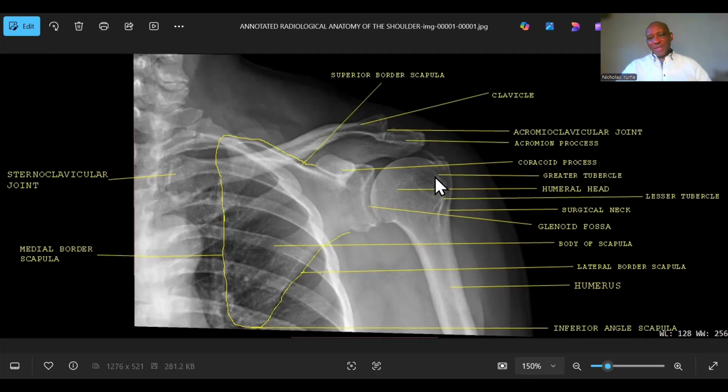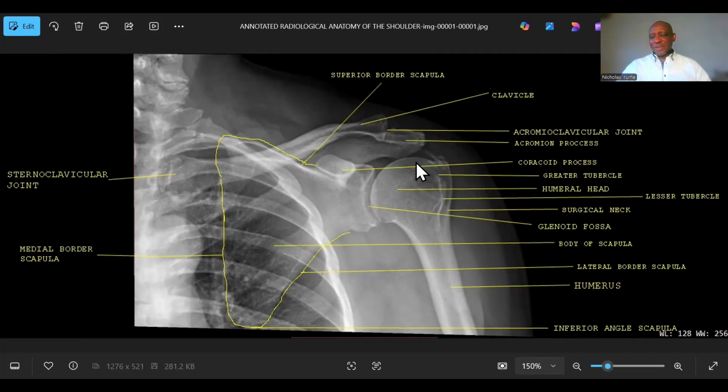One thing I have not mentioned is that the greater tuberosity or tubercle has attachment with the supraspinatus and infraspinatus, while the lesser tubercle has attachment with the subscapularis.